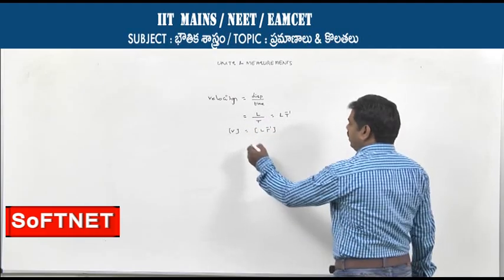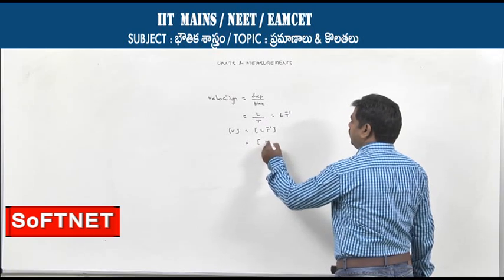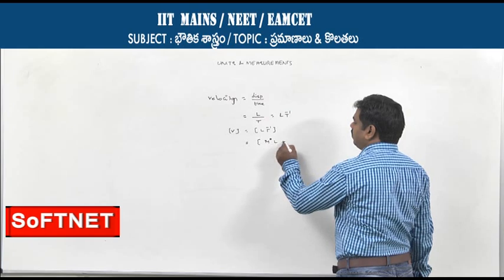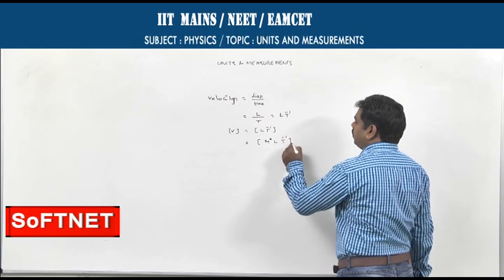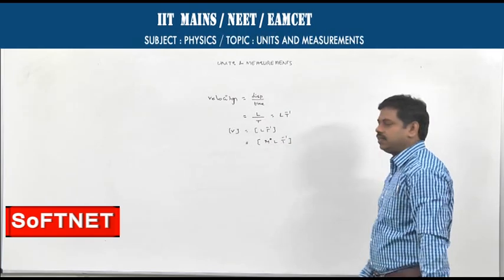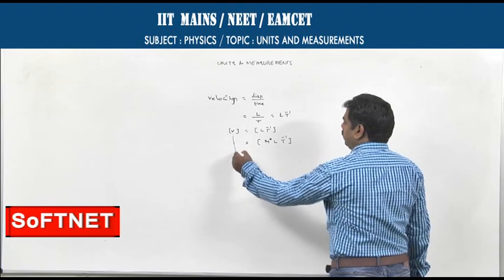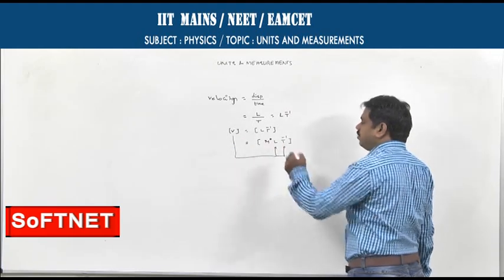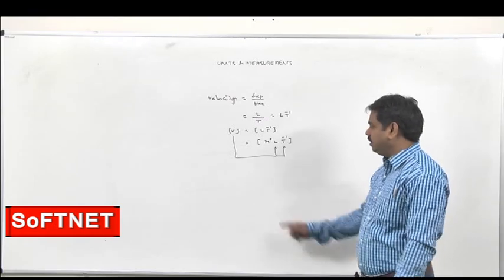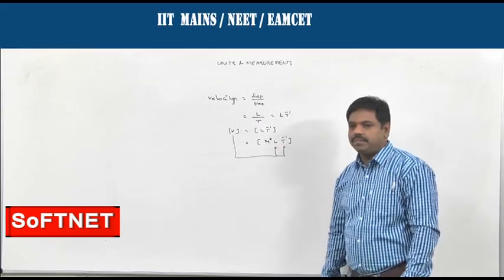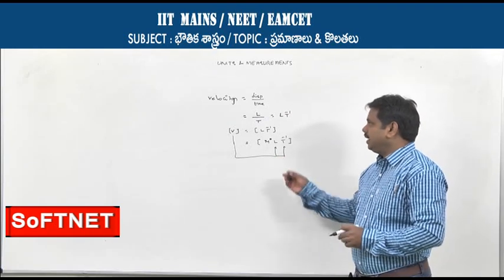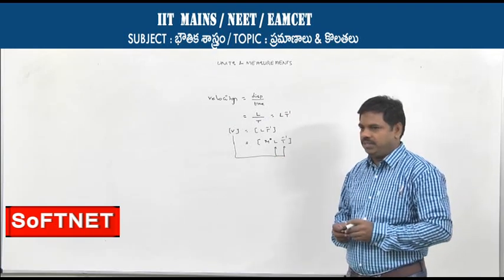And clearly you can understand that there is no mass term in the dimensional formula of velocity: M0 L T minus 1. That is, velocity depends only upon length as well as time. It is independent of the fundamental physical quantity mass. So this is the easy way to represent the dimensional formula of velocity.